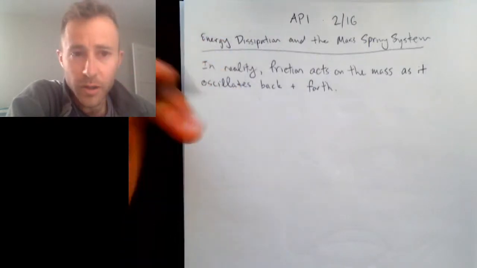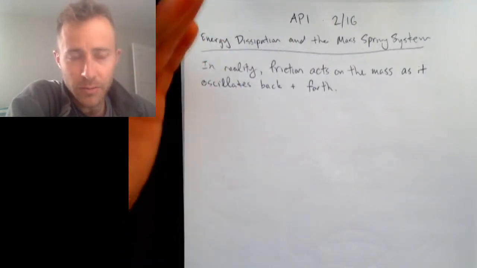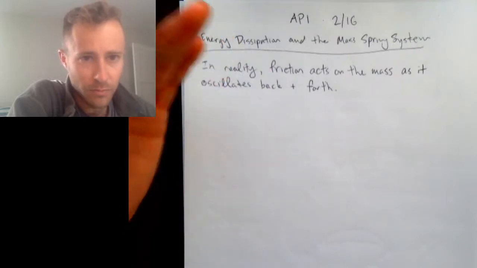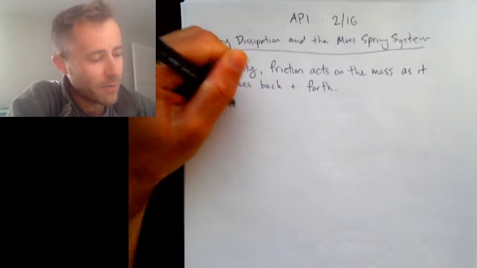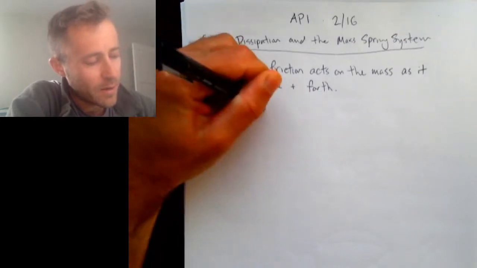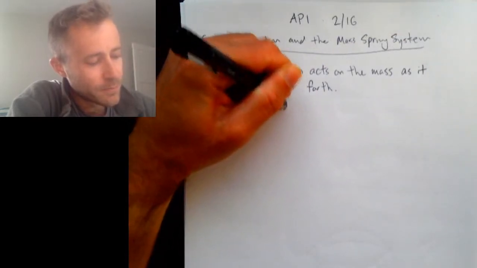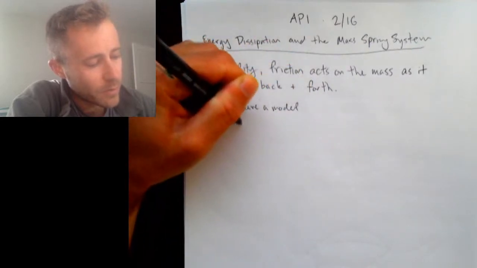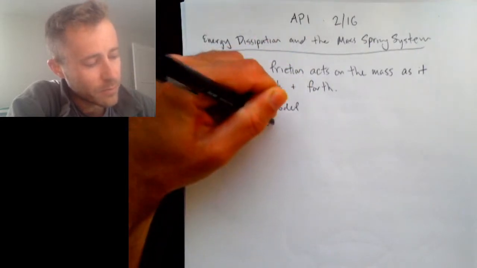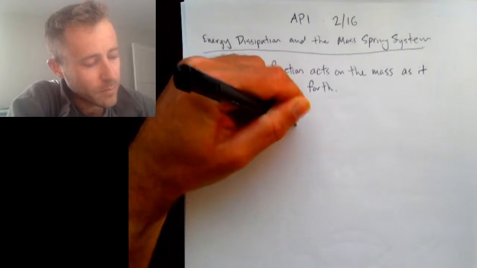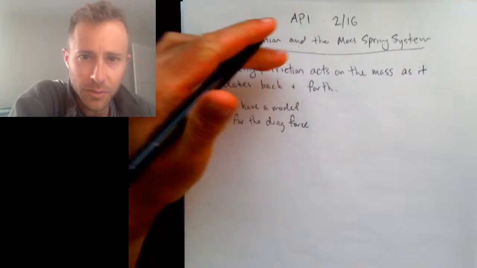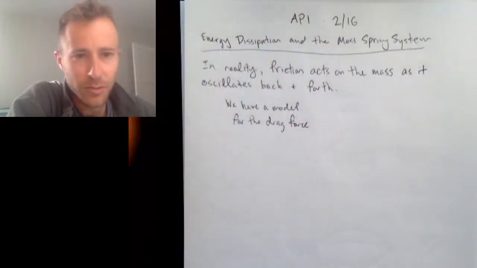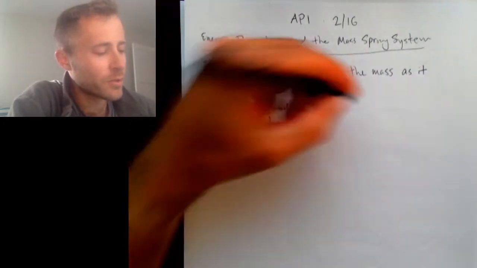So we could come up with a model for the drag force. This is the model that is typically used when you're talking about energy dissipation in the mass spring system.